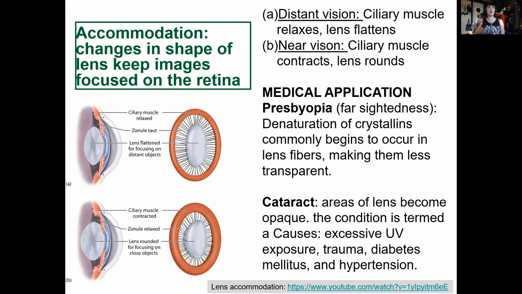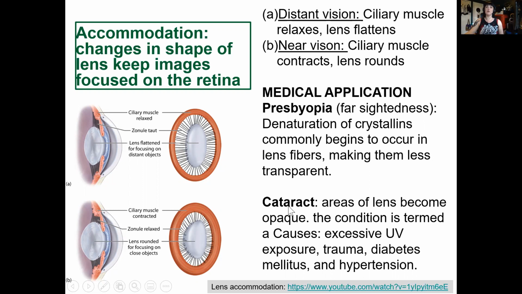So it's similar to any other connective or structural protein that you would encounter. So collagen, elastic fibers. As we age, all of them decline in quality, which produces wrinkles and a stiff, inflexible lens and a lens that is less transparent than it once was.